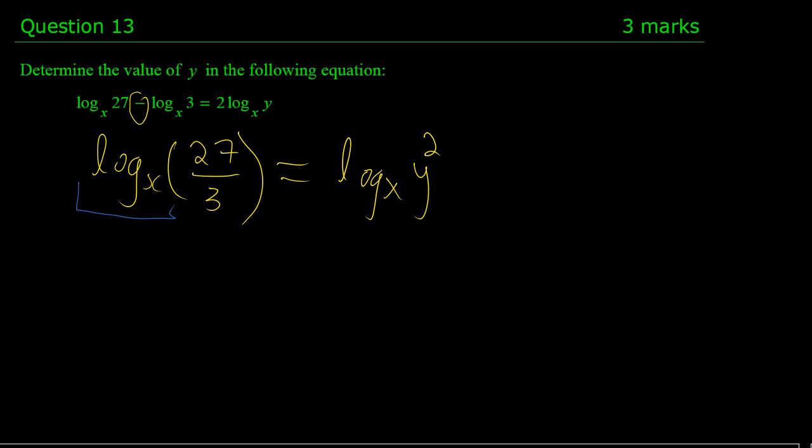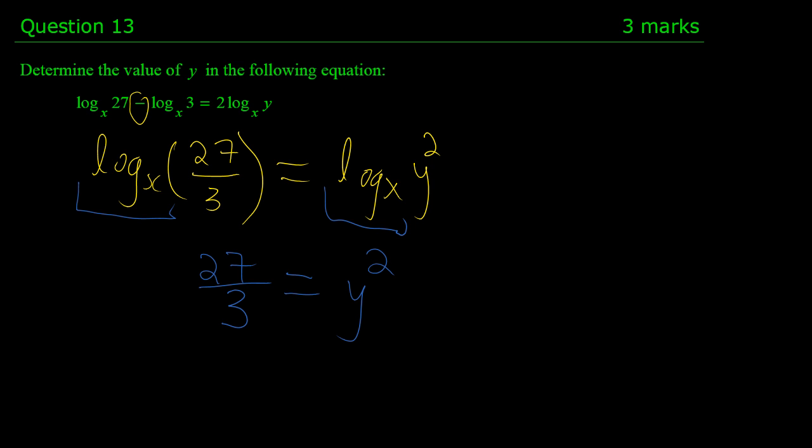If this is log base x and this is log base x, then it's not a big stretch to say 27 divided by 3, which I could have simplified, but I will in the next step, 27 over 3 must equal y squared.